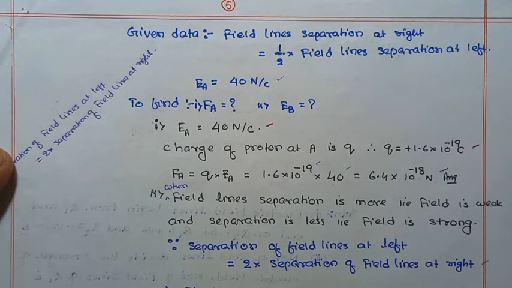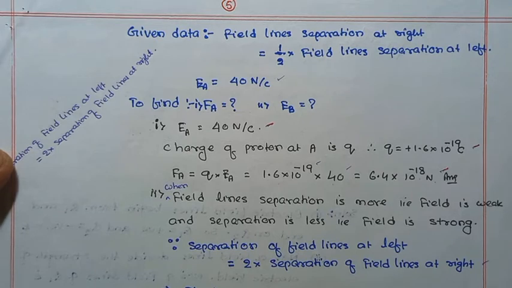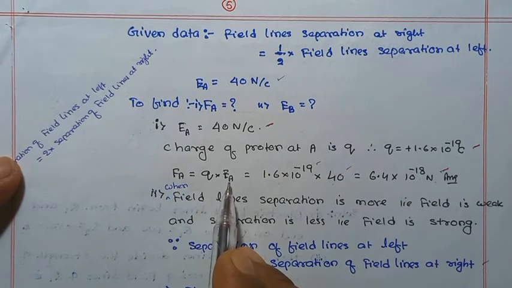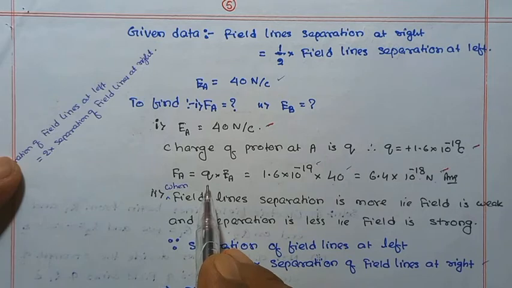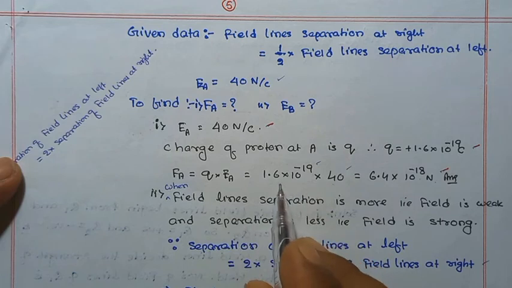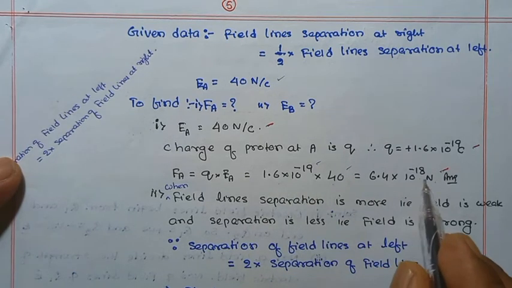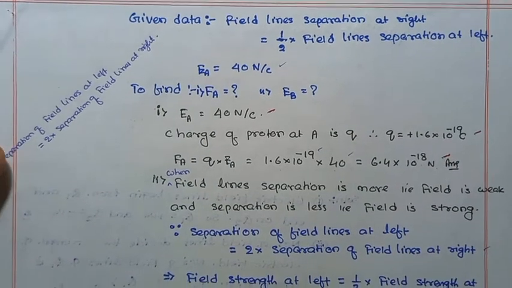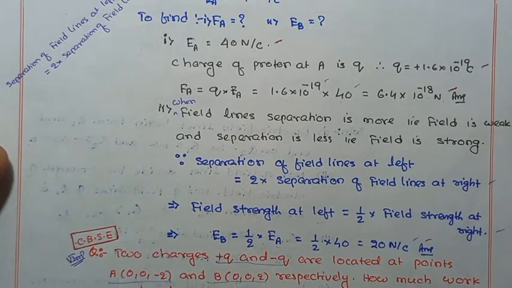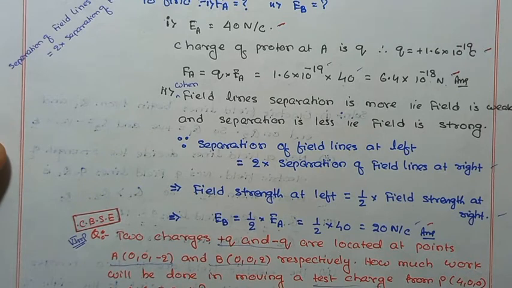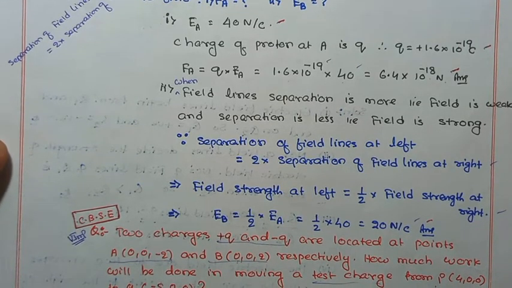So force at A is equal to charge multiplied with electric field intensity at A, that is F is equal to Q times E. The charge magnitude is 1.6 into 10 power minus 19, E is 40. After simplification we will get 6.4 into 10 power minus 18 Newton. Okay? So it is given in the question that the separation of electric field lines at left is 2 times the separation of electric field lines at right.